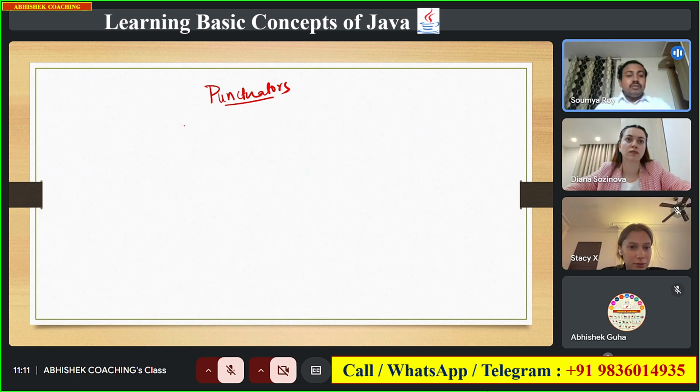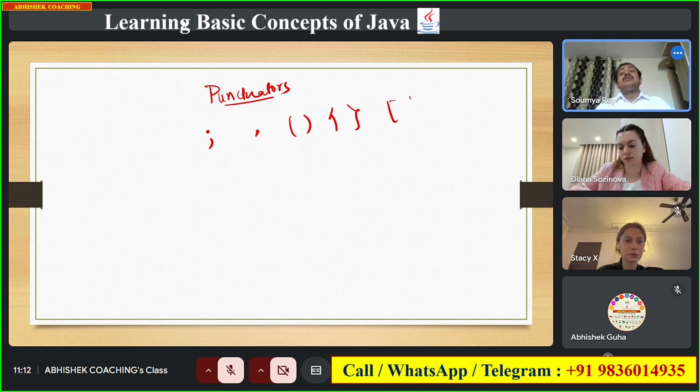Punctuation marks are there in English and in any type of language. So there are semicolons for stopping a line that we have finished, commas for separation, and various types of brackets for separation.